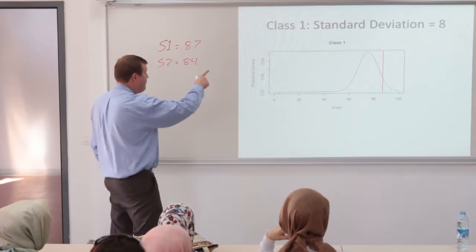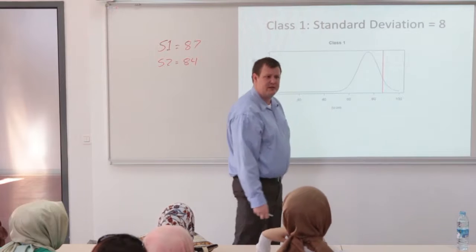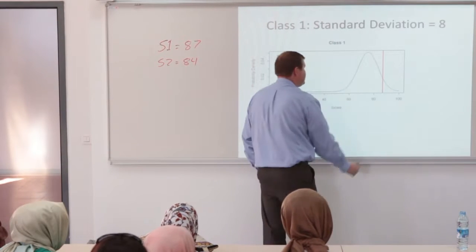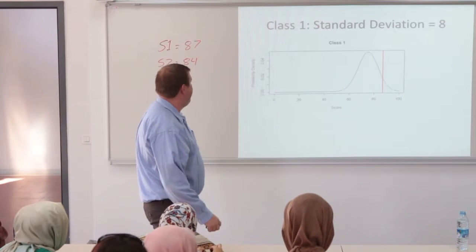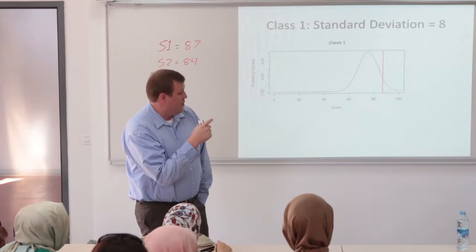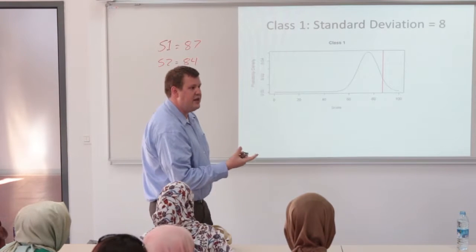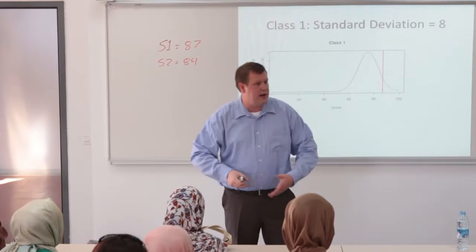So now imagine that in the first class, you have a mean of 75, is that right? So notice that the mode is at 75, and the mean is also at 75. And now we have a standard deviation of 8. A standard deviation of 8 tells us something about how spread out the scores are, right?